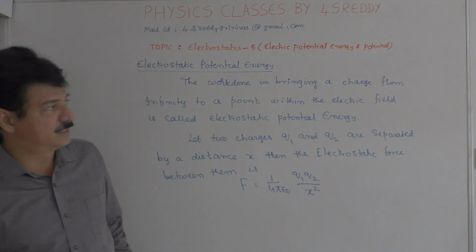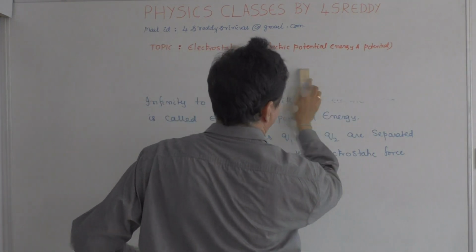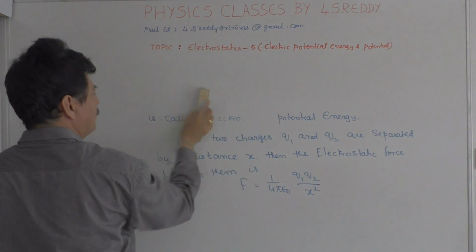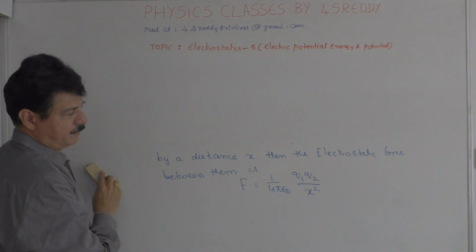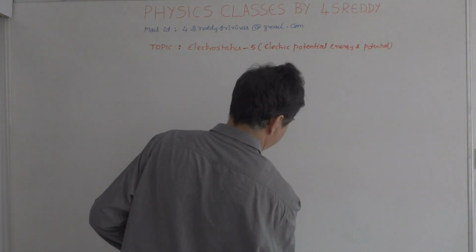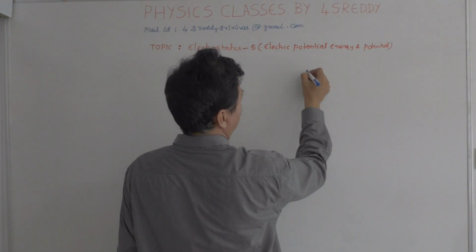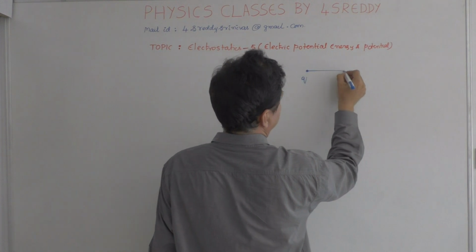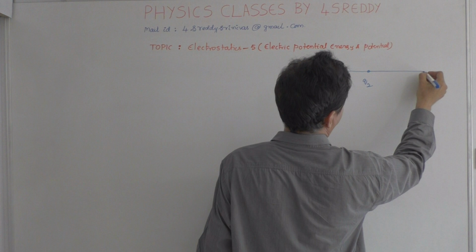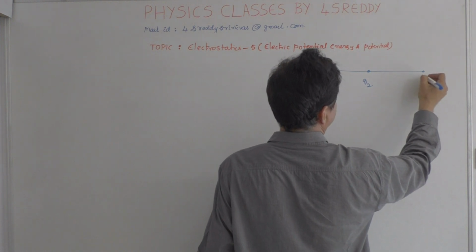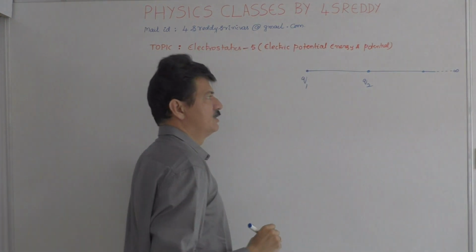This is the first thing. That means here, this is a charge Q1, this is a charge Q2, and here is the infinite distance.